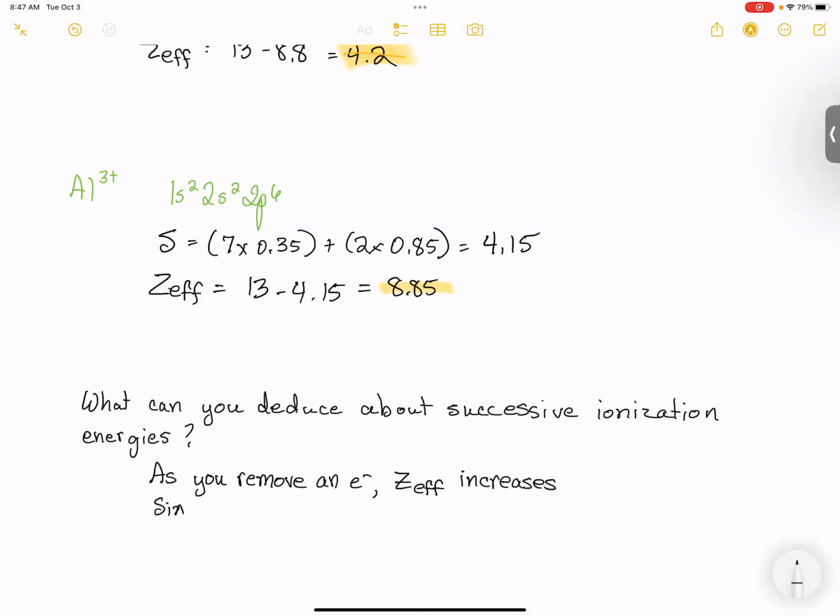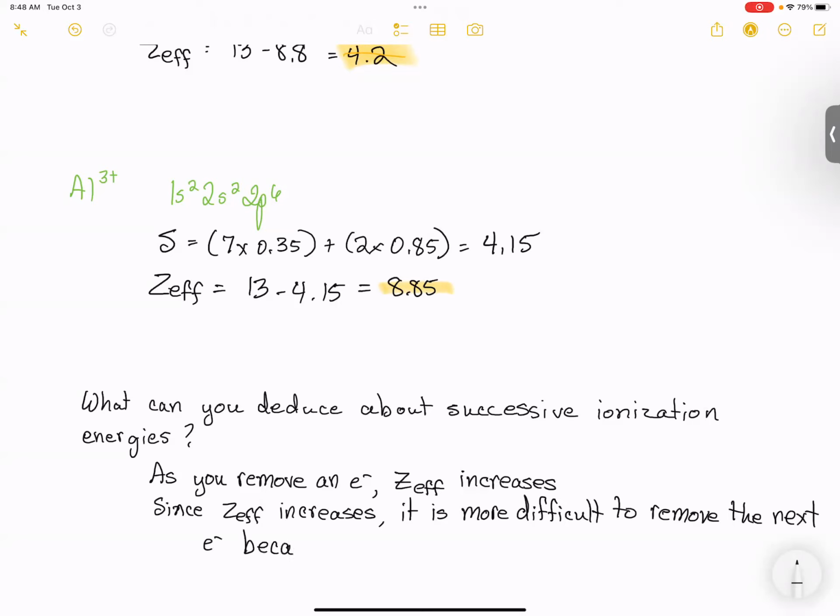Since Z effective increases, it is more difficult to remove the next electron because the nucleus is holding on tighter to the remaining electrons.